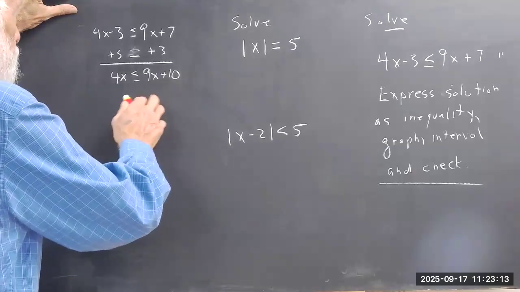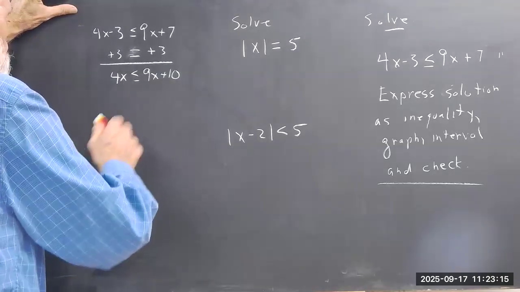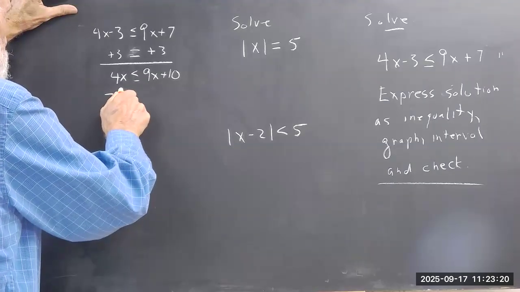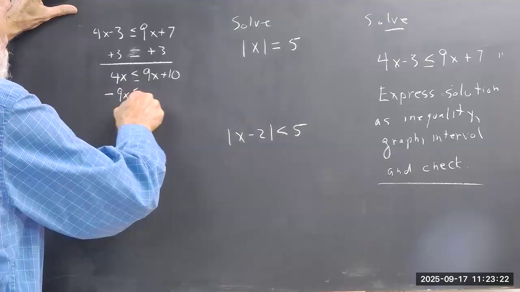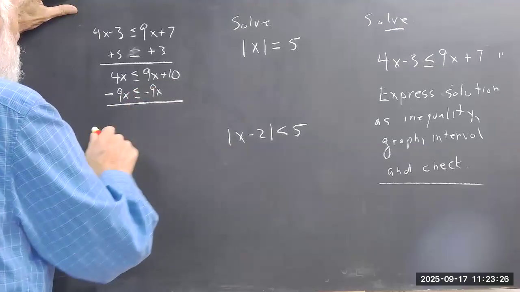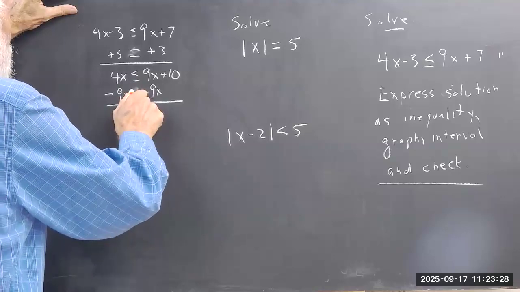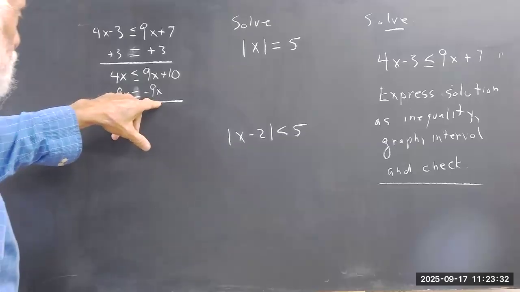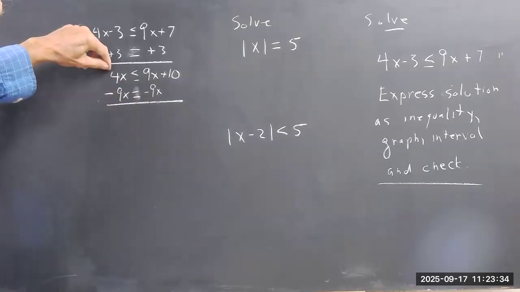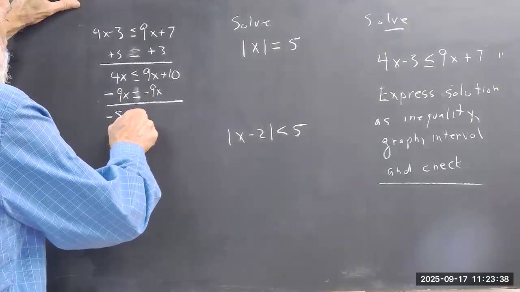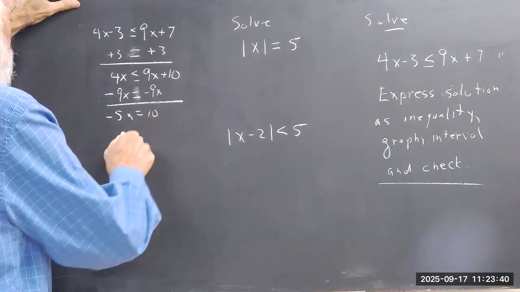Okay. Now we want to get the x's on one side, so we have a 9x over here. We subtract 9x from both sides. Adding -9x to this inequality gives us -5x less than or equal to 10.